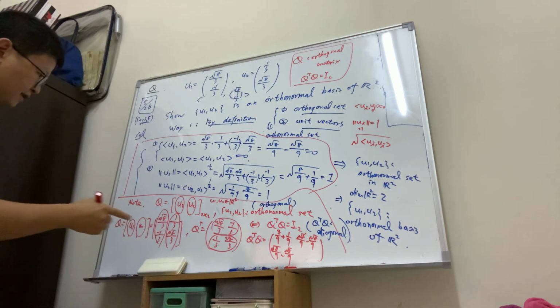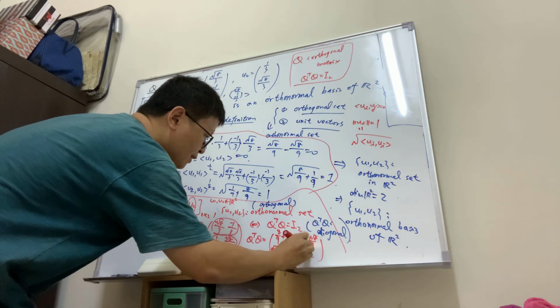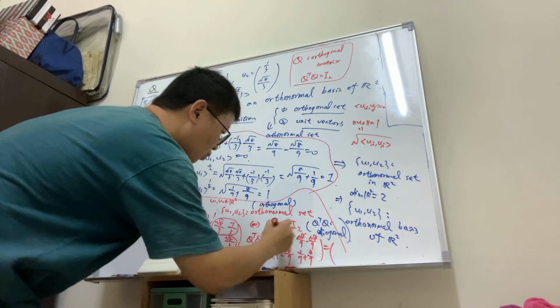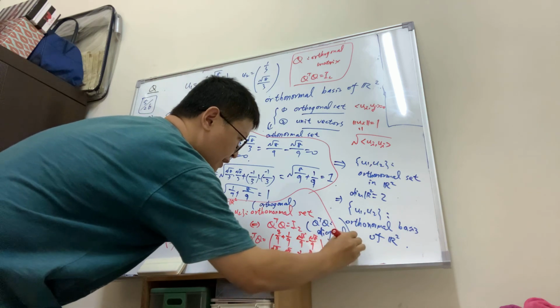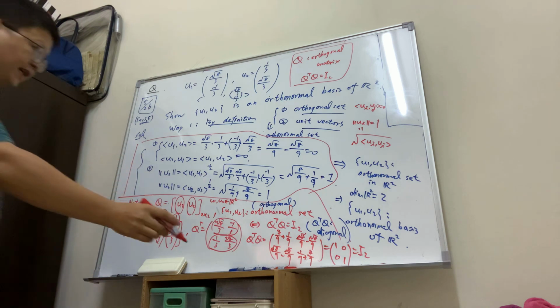And the last term is 1 over 9 plus 8 over 9. So finally it's 1, 0, 0, 1. So indeed, it's the identity.